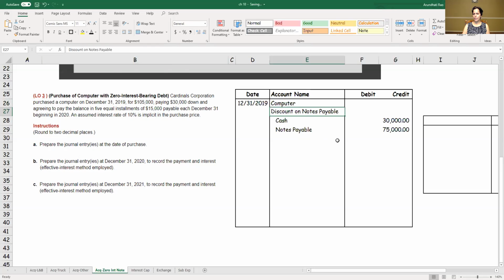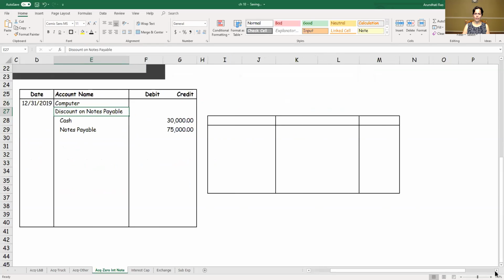So how do we do this calculation and arrive at that number? For that, we are looking at the time value of money table, and we'll see how to do that calculation. So here what I have is I'm going to create a table, and I'll start out with the dates that are relevant. We're going to do only 3 journal entries, but I have this done all the way through the life of the asset.